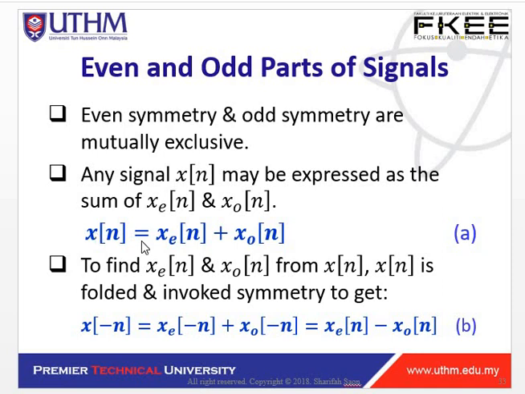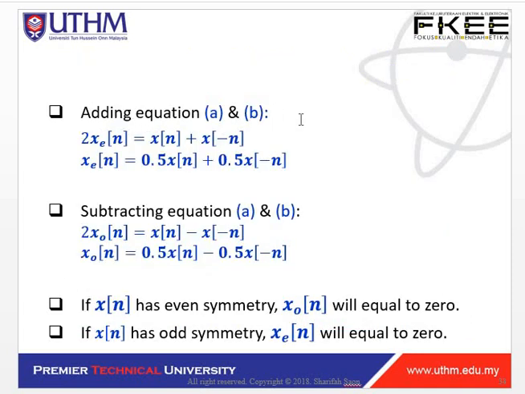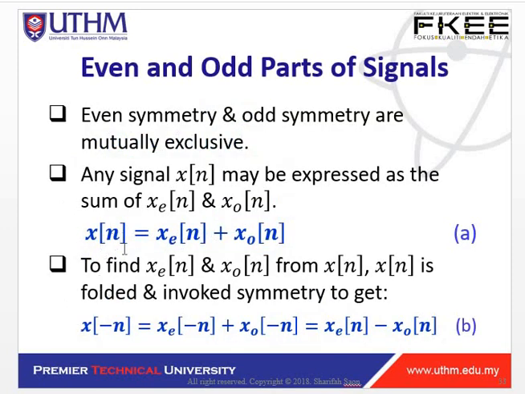I assume that x[n] is A and x[-n] is B. Later I will add and subtract these equations, because we need to come up with the x even equation and the x odd equation. So you have x[n] and x[-n] here. Now we add A and B.